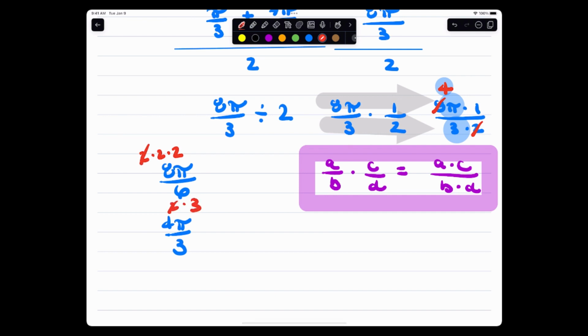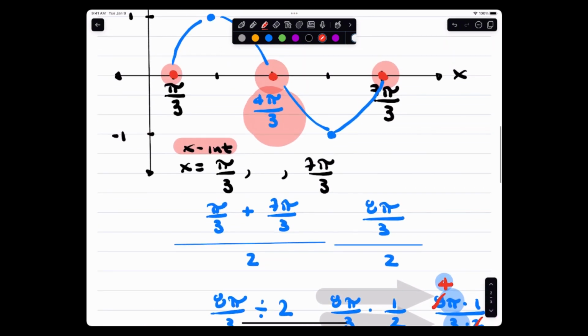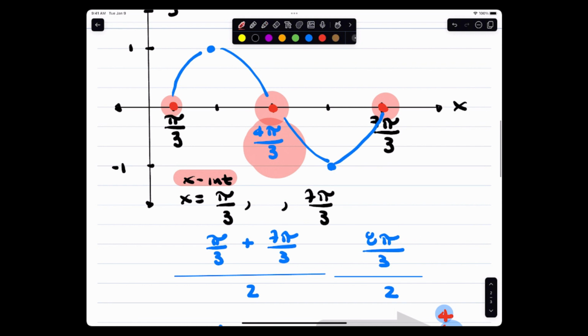You cancel the 2's. This is what I used to teach back in the day. Back in the good old days. And that's why it's 4 pi over 3. So, ladies and gentlemen, you now have the missing x-intercept, which is going to be 4 pi over 3. There's your x-intercepts.